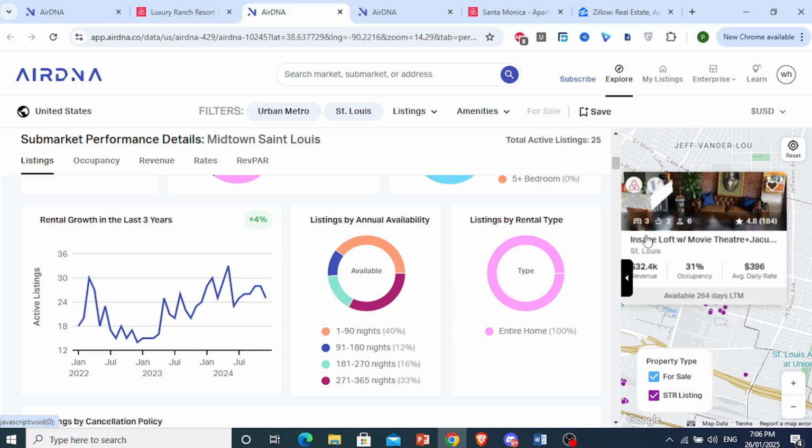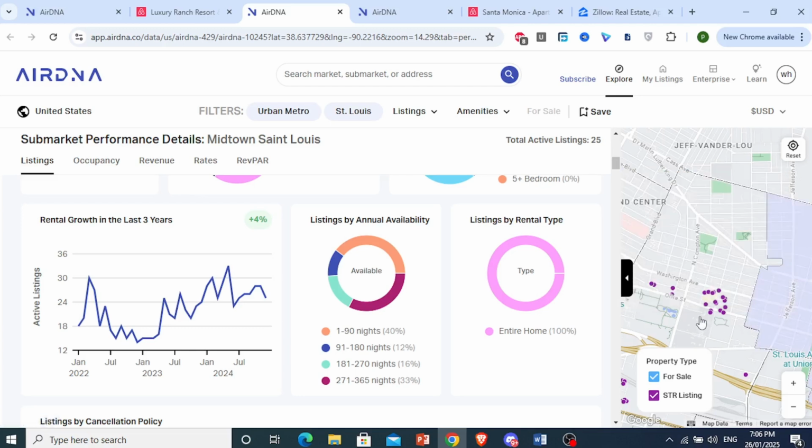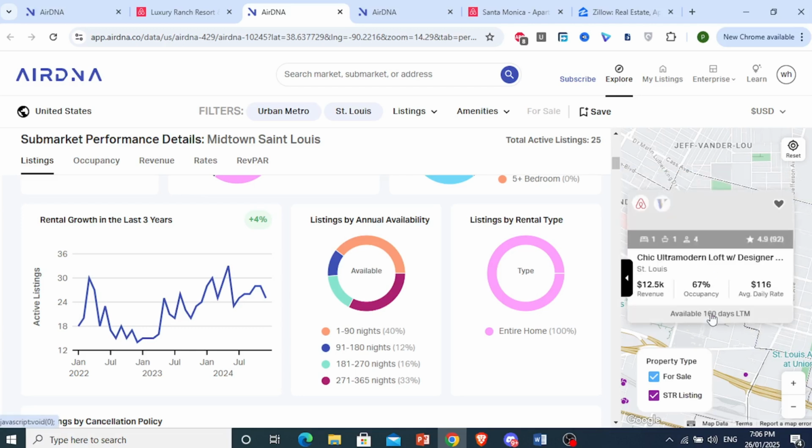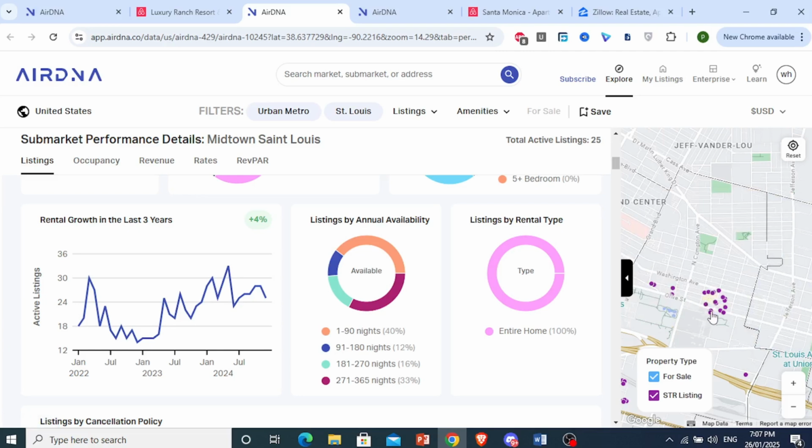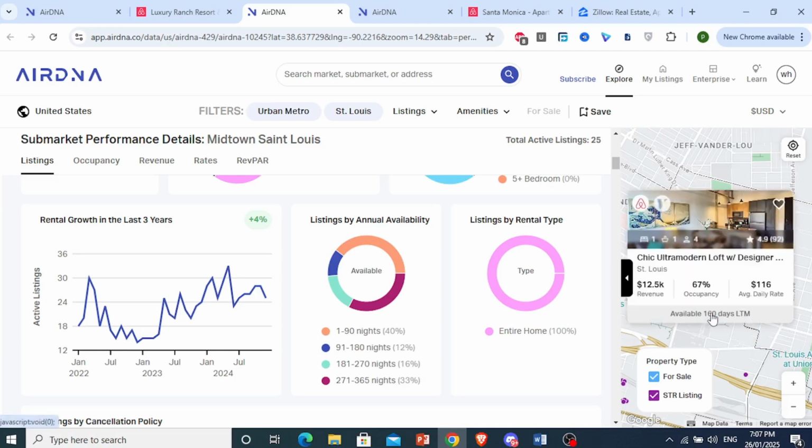The 3 bedroom, 2 bath, it's decent. It's okay. Let's look at another one right here. This is a 1 bed, 1 bath. 67% of the time it is occupied. $12.5K revenue. So if I go ahead and open one properly, let's go ahead and open this one right here.